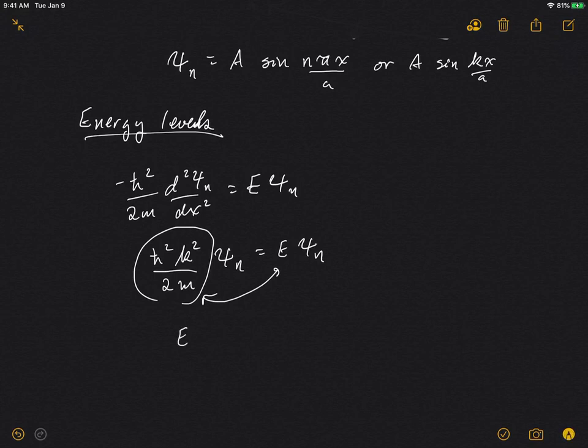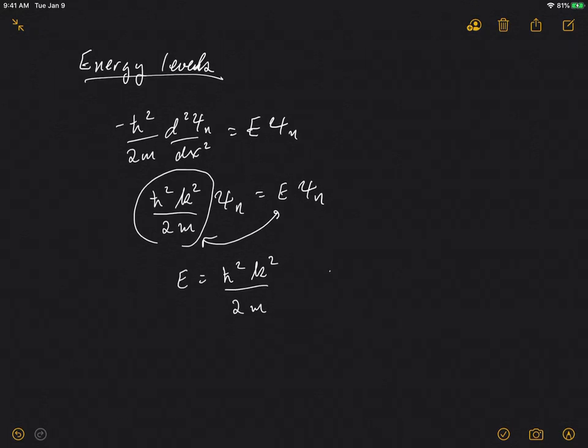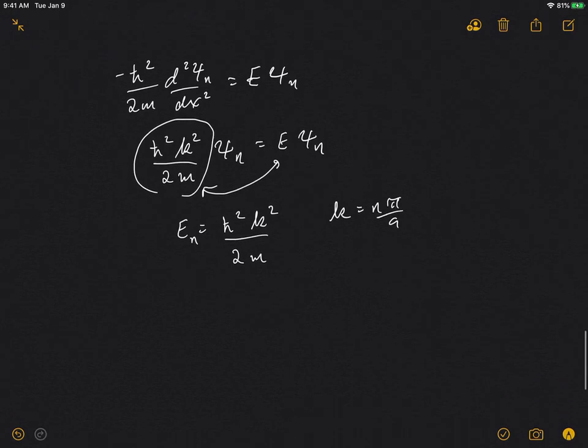So then we say that E is equal to h bar squared k squared over 2m. And now we can plug in our, this will be E sub n because k also depends on n, and it's n pi over a. So plugging that in, we get E n, energy as a function of n, where n we'll call a quantum number.